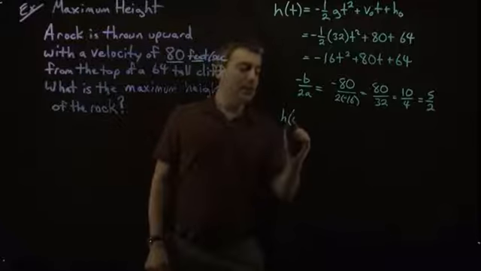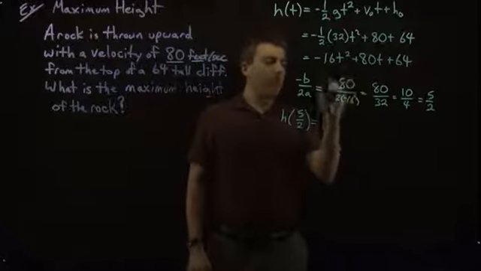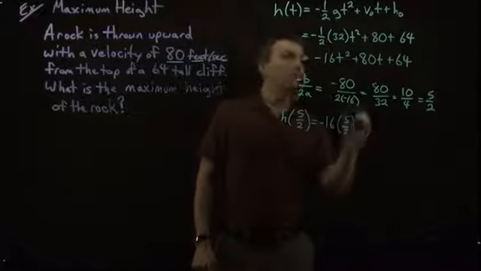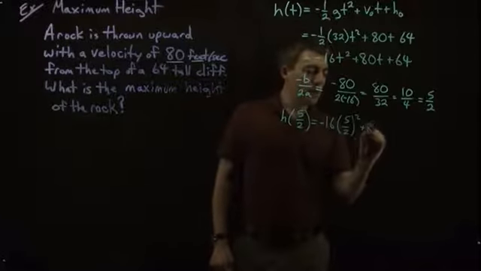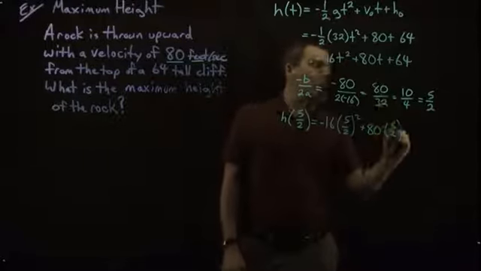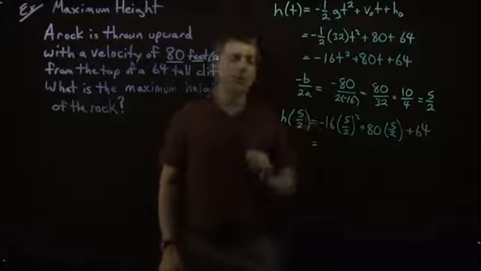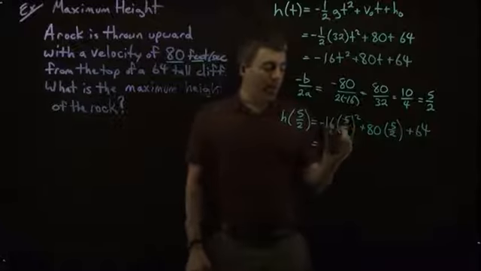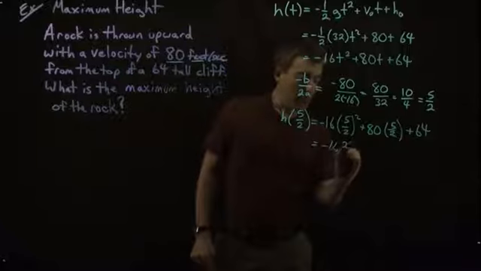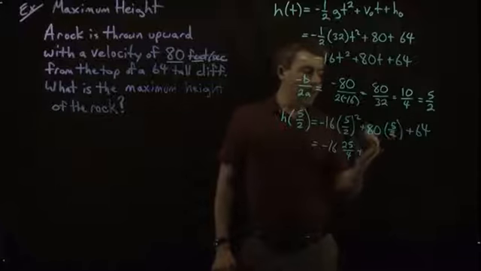So h of 5 halves is going to be, let's take this form, negative 16 times 5 halves squared plus 80 times 5 halves plus 64. We have 5 halves squared, so negative 16 times 25 over 4, plus 5 halves times 80.